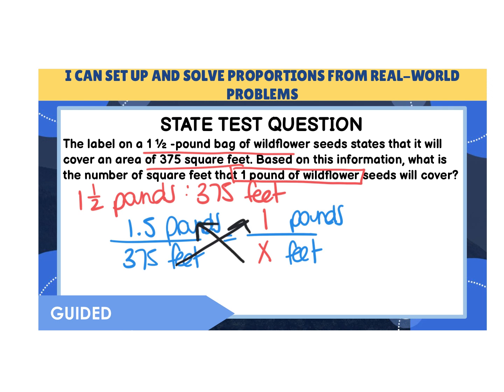And then we're going to cross multiply. 1.5 times X will give us 1.5X. And 375 times 1 will give us 375. We can divide both sides by 1.5. And so X is going to equal 375 divided by 1.5, which is 250 square feet.